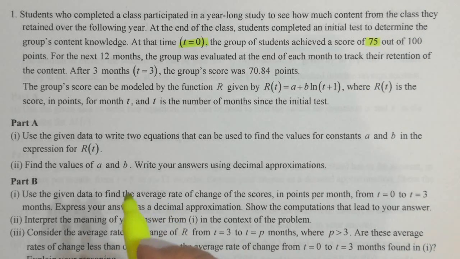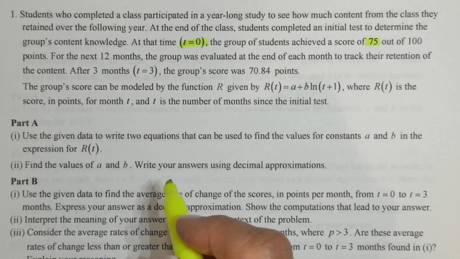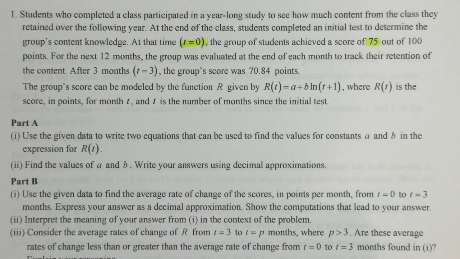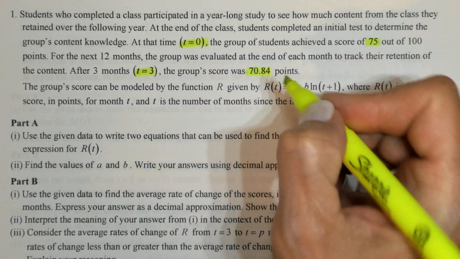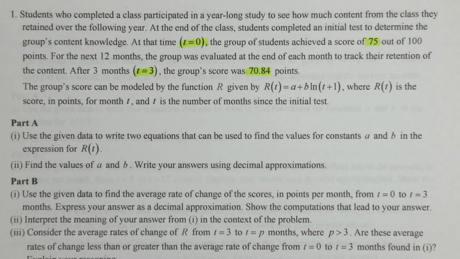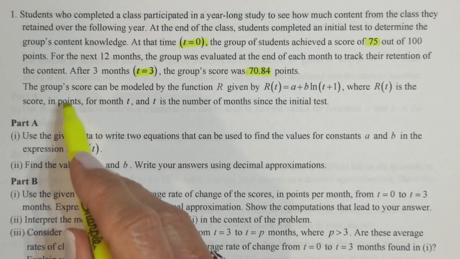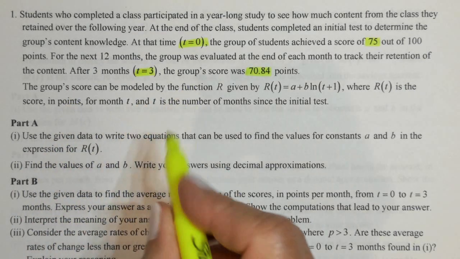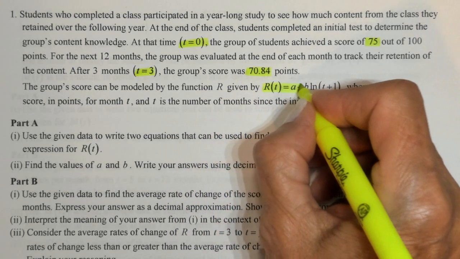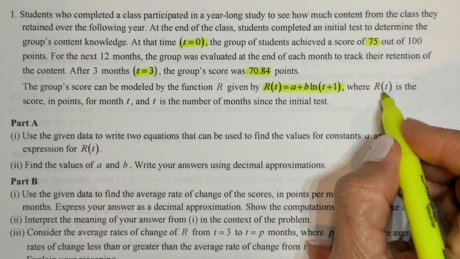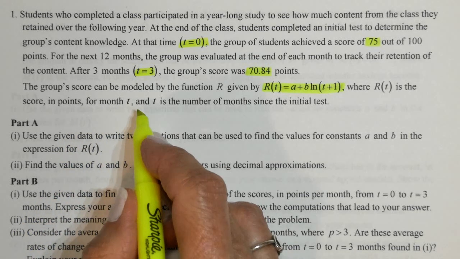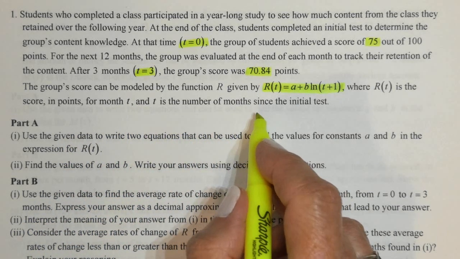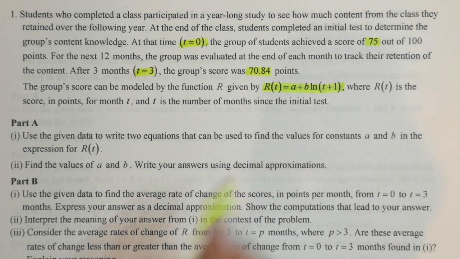For the next 12 months, the group was evaluated at the end of each month to track their retention of the content. At 3 months, the group's score was 70.84. The group's score can be modeled by function R, where R is the score in points for month T. T is the number of months since the initial test.